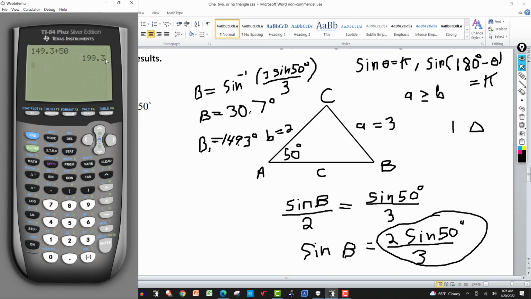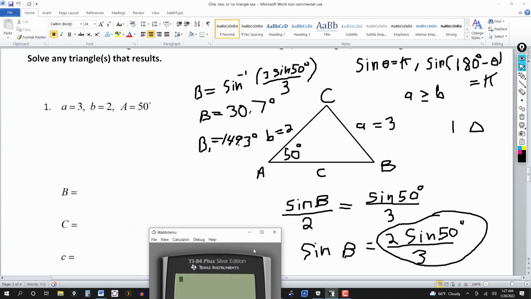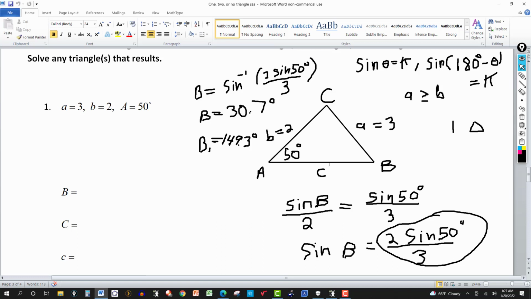You don't have to do that in this particular case, because like I said, if the side opposite the given angle is larger than the other side, you're always going to have one triangle. But you can confirm that you do have one solution. So here we have just one solution. So that means in this scenario I've got to reject this one. Can't use this one.